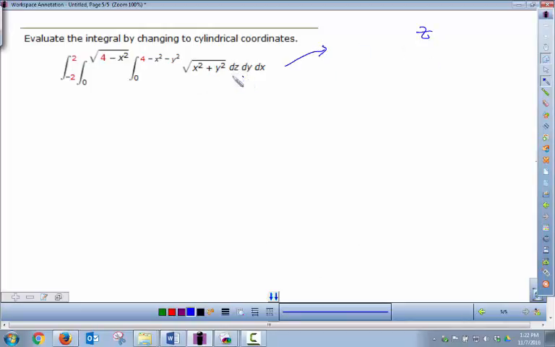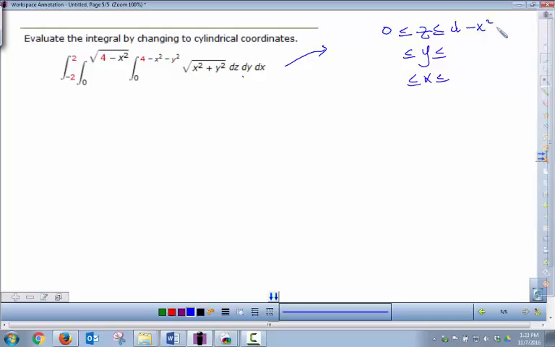And so if I write this in the order that it's written, z, y, and then x, that's going to help me find my region. And if I look at z, it looks like it's going to go from 0 to 4 minus x squared minus y squared. So I'm going to need to know how some of these things look.